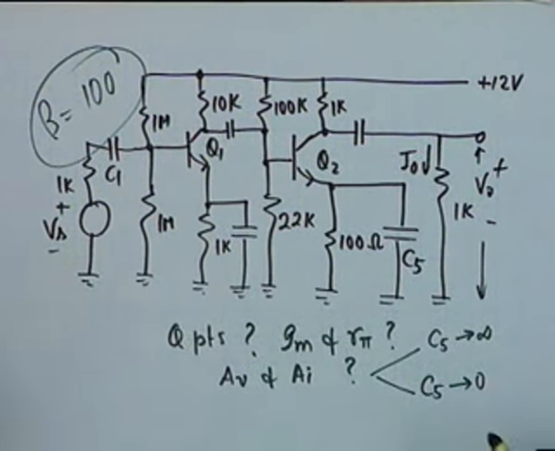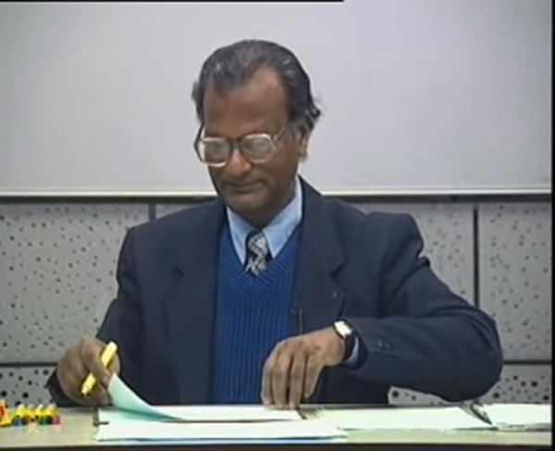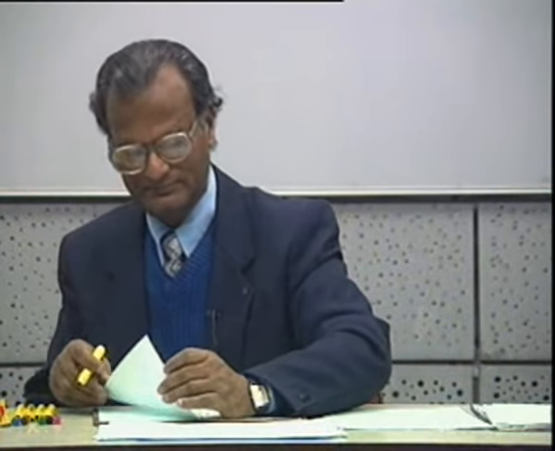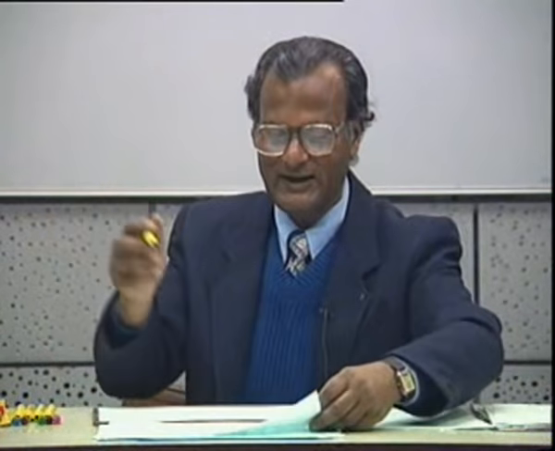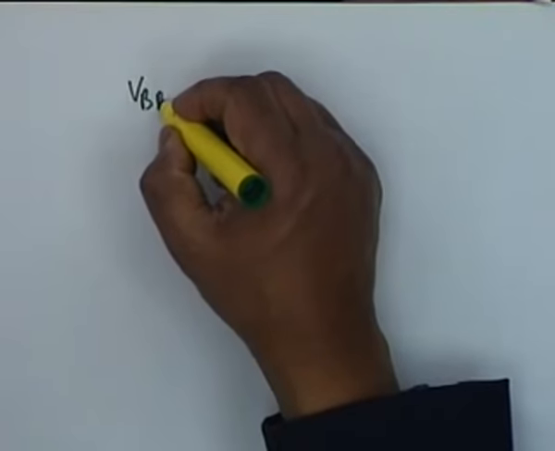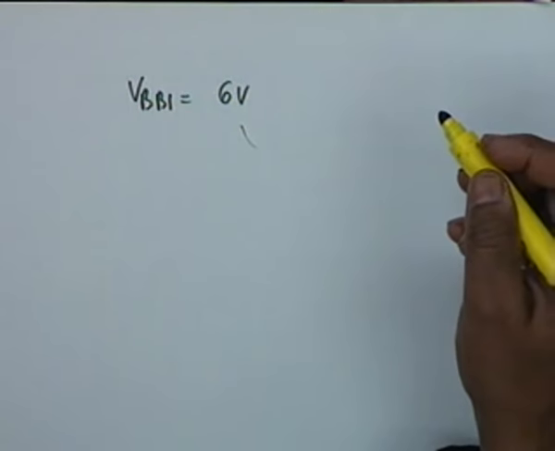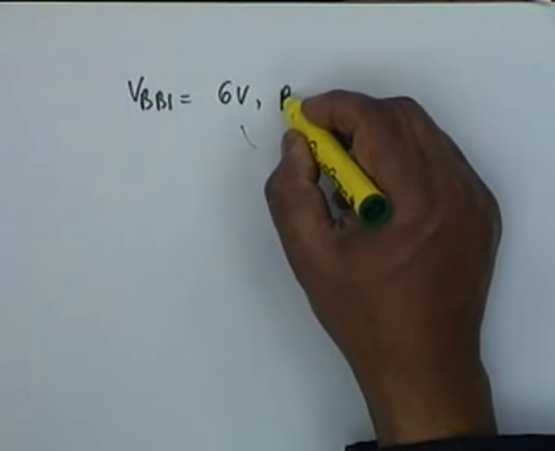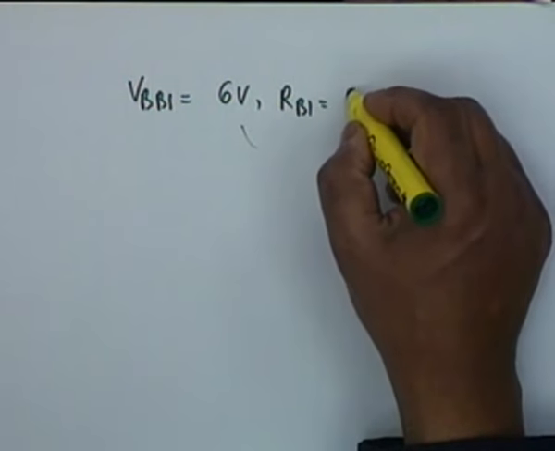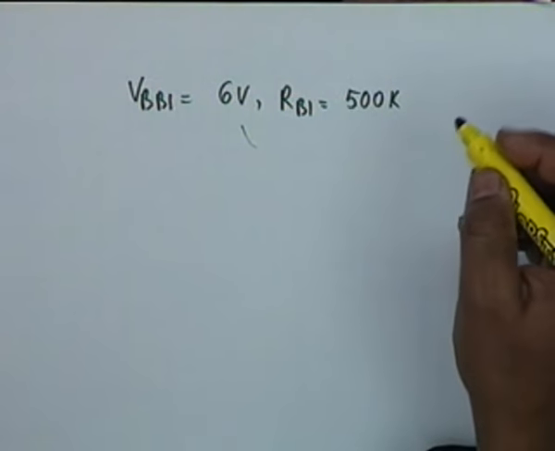Okay. Now let's solve this problem stage by stage. Since these calculations are routine, I will simply write VBB1. It is obvious that it is equal to 6 volt, 1 meg and 1 meg, and RB1 obviously is 500 K. All right.